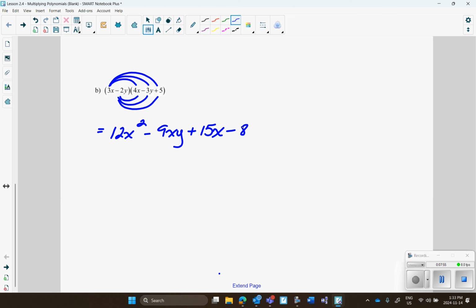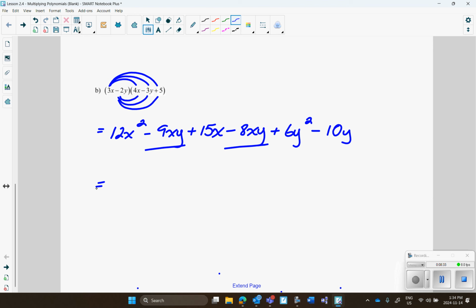Is yx the same as xy? Yes. So when I do my negative 2y times 4x, I'm just going to write it as xy again. So that's what you should get after the first. And then we want to collect any like terms, but the only ones that look like we can combine are these two.